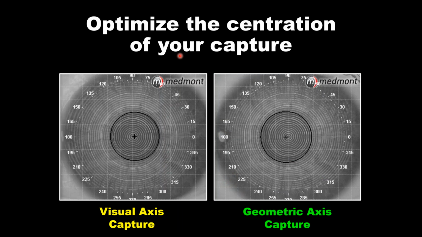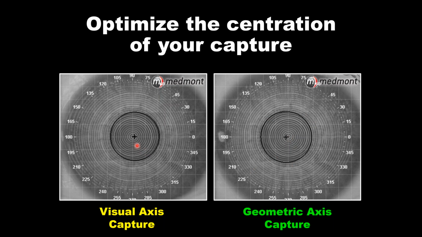You want to take your visual axis capture for vision. So when you're analyzing the pre and post outcome of your orthokeratology treatment, you want to use the visual axis. But when you're building a contact lens right in the beginning, you want the geometric capture. That's what will work most favorably with the EyeSpace software. It is happiest when it has a geometric capture. So in case that didn't make sense, we're using the geometric axis capture to build a lens.